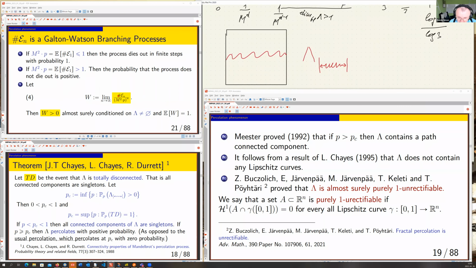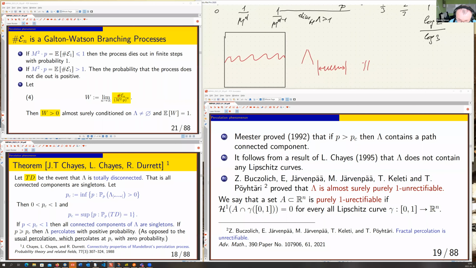So the expected value of the number of level-n retained squares in general in dimension d is m^d multiplied by p raised to the power n. This is the number of retained squares. So what we do here is divide the actual number, that's why it's a random variable, the actual number of retained squares, by its own expected value.